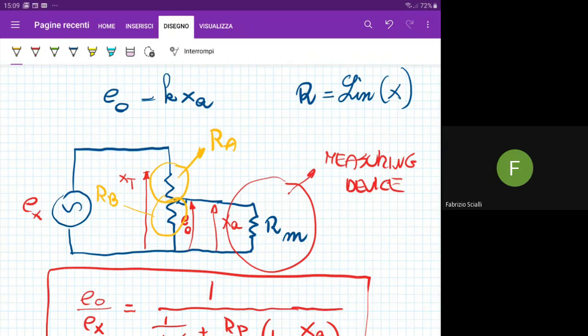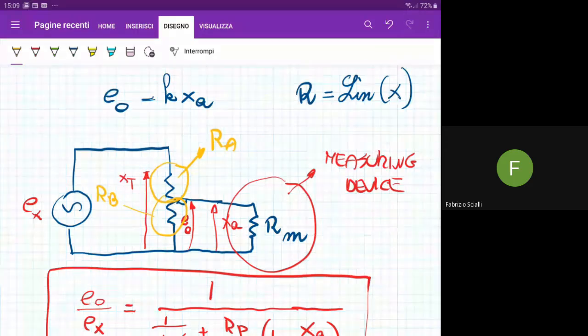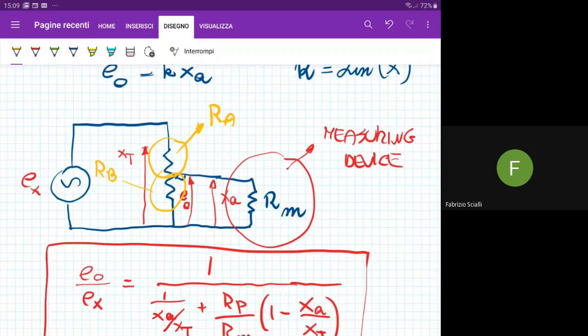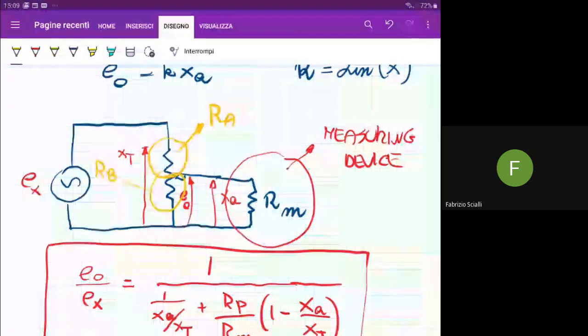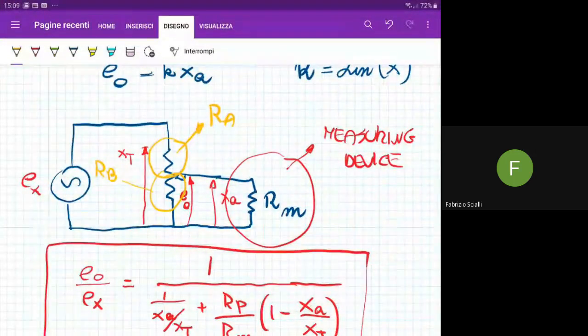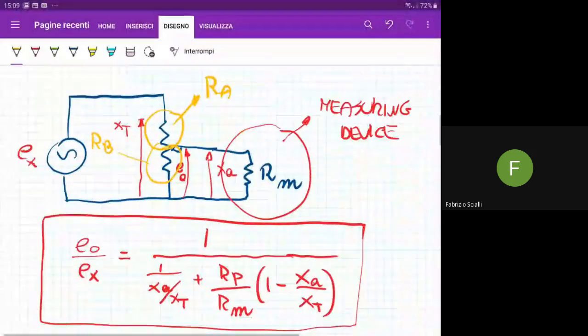Okay. So if you are required to measure microns, and you realize that your actual potentiometer could measure without any specific issue millimeters, then you can think that, okay, let's increase the input tension by 1, 2, 3 orders of magnitude, so that I can also have the sensitivity, the capability to measure small variations such as microns, okay?